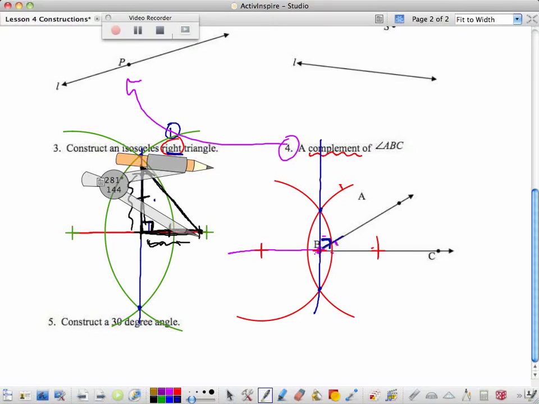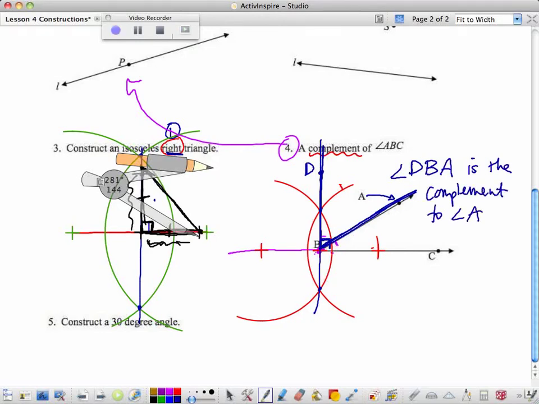If I emphasize this right here, and I label a point up here and call that D, then angle DBA, because I think this is point A right there, is the complement to ABC. So angle DBA is the complement to angle ABC. How did I do that? I did the perpendicular through a point on the line.